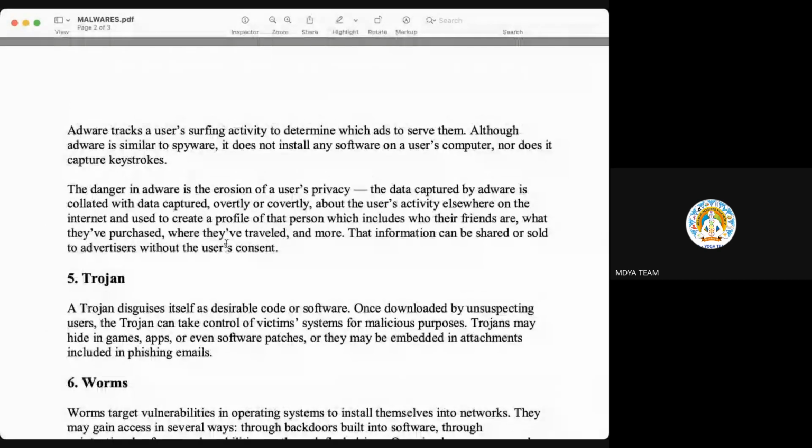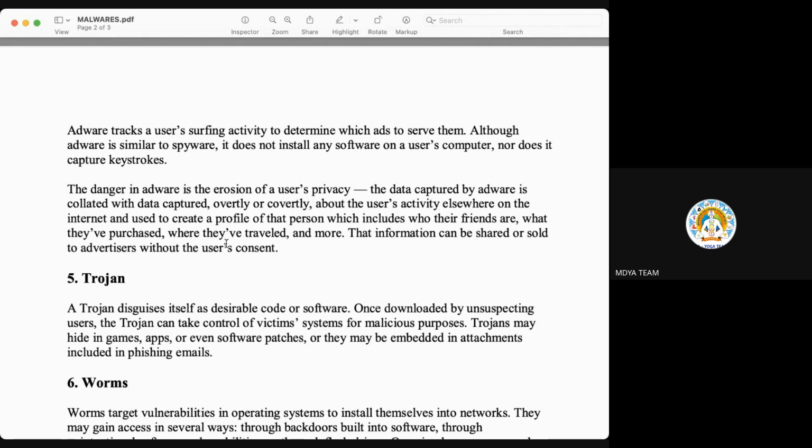So this adware tracks a user's surfing activity to determine which ads to serve them, which they are looking for. Although it is similar to spyware, it does not install any software on a user's computer, nor does it capture any keystrokes. The danger in adware is the erosion of users' privacy.